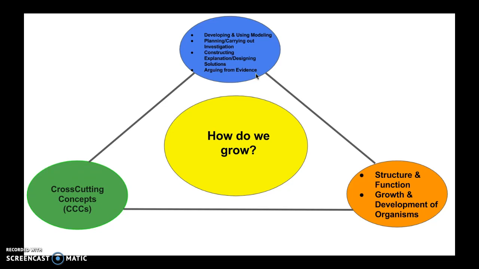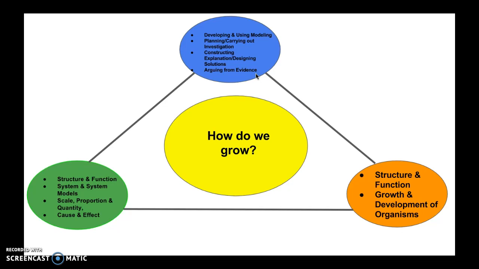Now, I will focus on the CCCs and tie everything together. Again, here's a short list. You will not use all of them in each of your units. In this case, cause and effect seems like the most appropriate one. So what I would do here is I would focus on how do we grow and then bring in a twist.